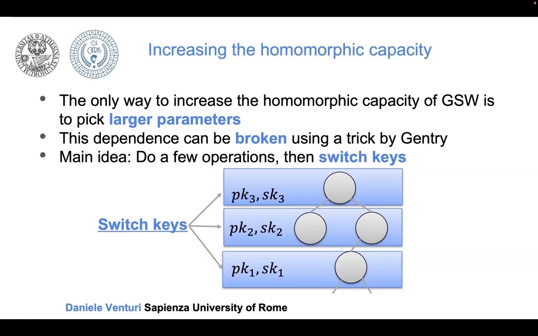So we would like to start with some key, do some computations, switch key, do some computations, switch key, so that the noise can be controlled at every level. And now we can keep going forever, maybe. That would be the idea. Still not clear how to realize it, but that would be the idea.